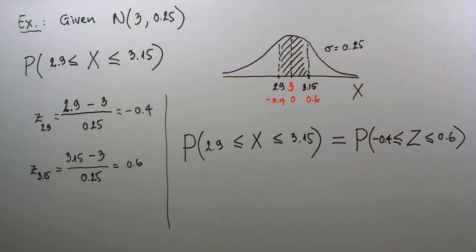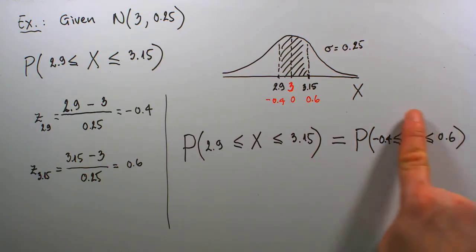But now back to what we are doing. Finding this area, or finding an answer to this probability question, is exactly the same as finding the answer to this probability.